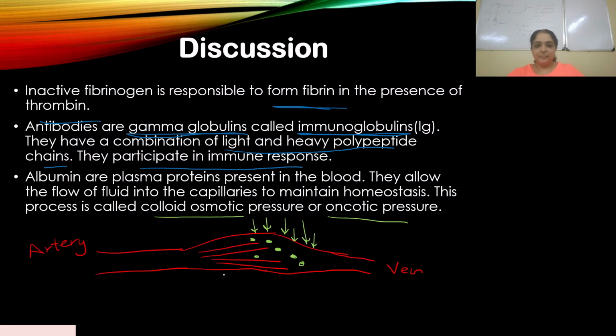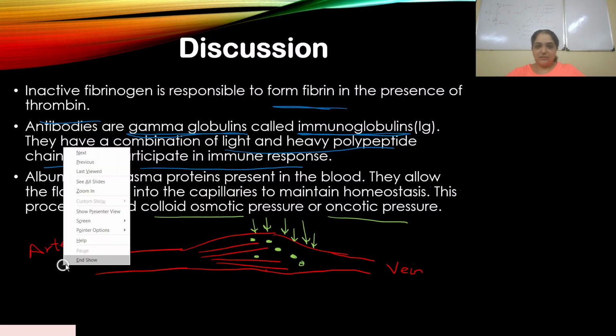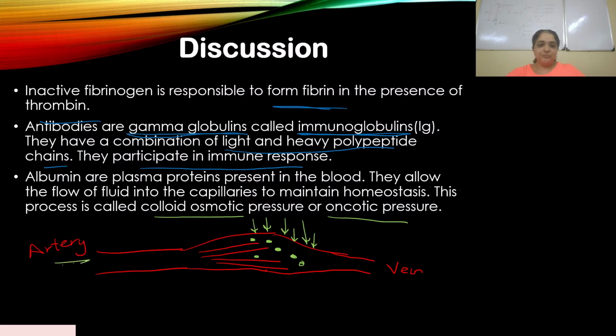Now, why do you need this oncotic pressure? Let's understand this in a little detail. Blood flows through the arteries over here, and there is high pressure of blood flowing, so it tends to push out fluid.